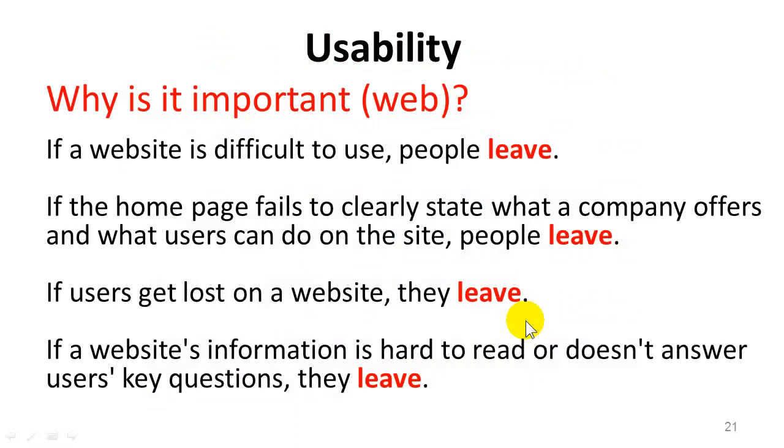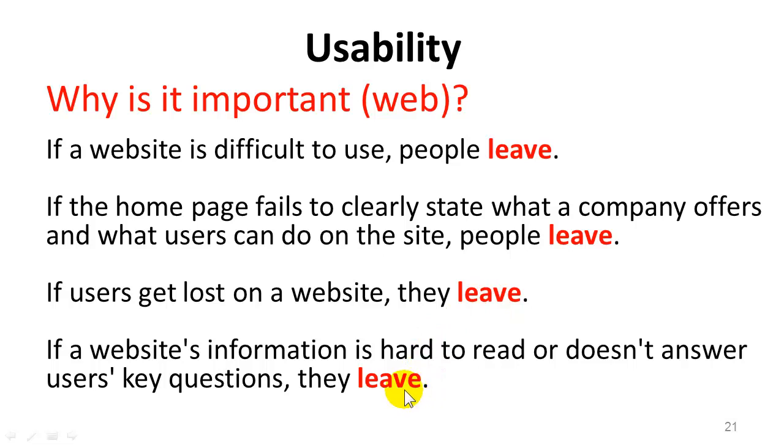Why is usability important, especially on the web? If a website is difficult to use, we're going to leave it. If the home page doesn't clearly state what the company offers and what the users can do, we're going to leave. If we get lost, we will leave.